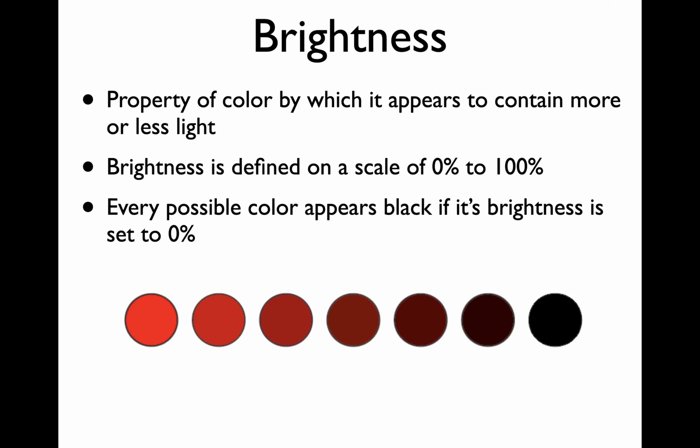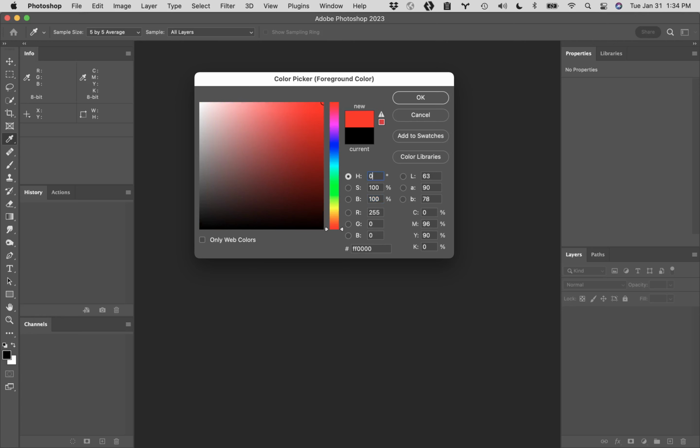You'll see. So in this case, the hue is exactly the same. The saturation is exactly the same. The only thing that is shifting in here is the brightness. If we go back to our color picker in Photoshop, again, I'm going to set my hue to 0, which by definition is red.